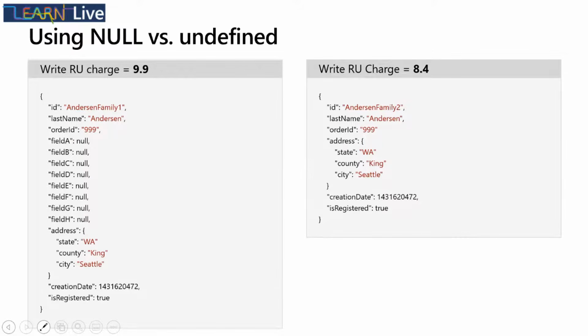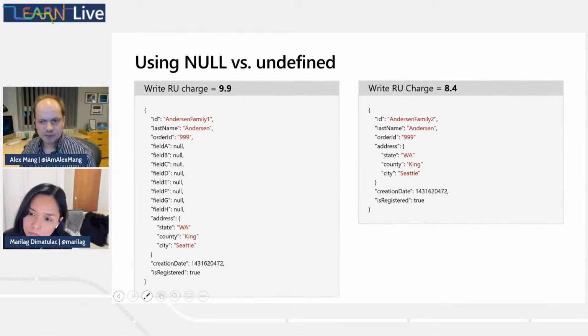Item 1 has 8 extra properties, field A, field B, all the way through field H, all of which have a null value. Item 2 has an undefined value for those properties and does not need to manually define them. And therefore, item 2 is smaller than item 1 and has fewer properties. And with the default indexing policy, writing item 2 actually costs up to 15% less RUs.